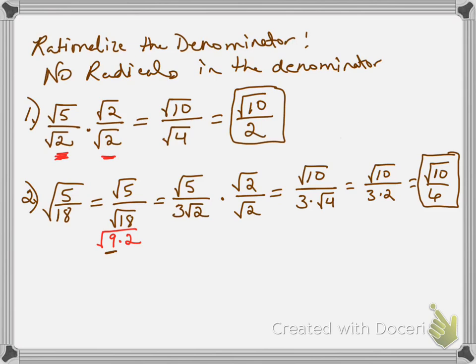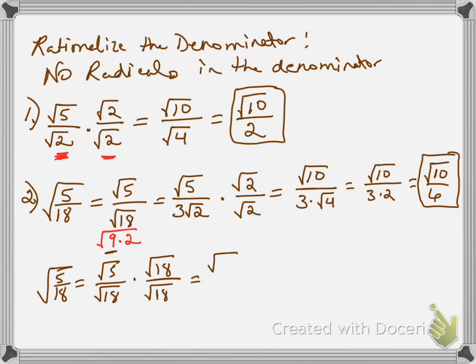Now, some people may go, instead of doing what we did above, we have the square root of 5 over the square root of 18. And you would say, okay, the square root of 18 over the square root of 18, because you just want to double it, since you're talking about square root. So we have to have 2 of them. So we have 5 times 18 gives us 90.